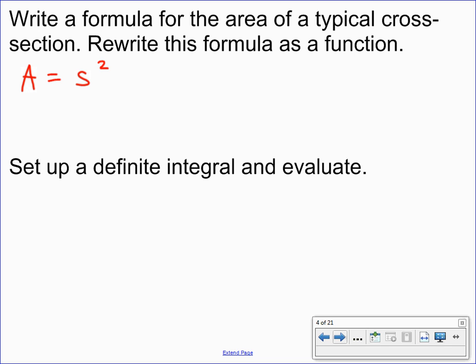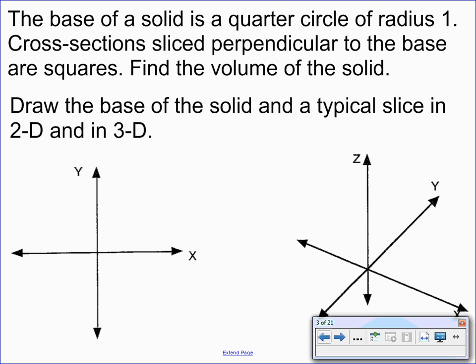And so what do? Well, we'll look at our space shape and our cross section and the base. And it looks like the base of our paperweight is a quarter circle, which must adhere to the formula x squared plus y squared equals radius squared, in this case 1.